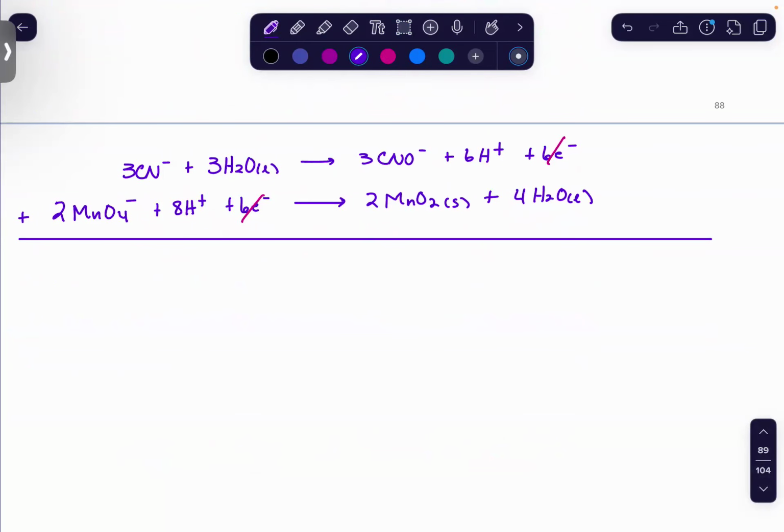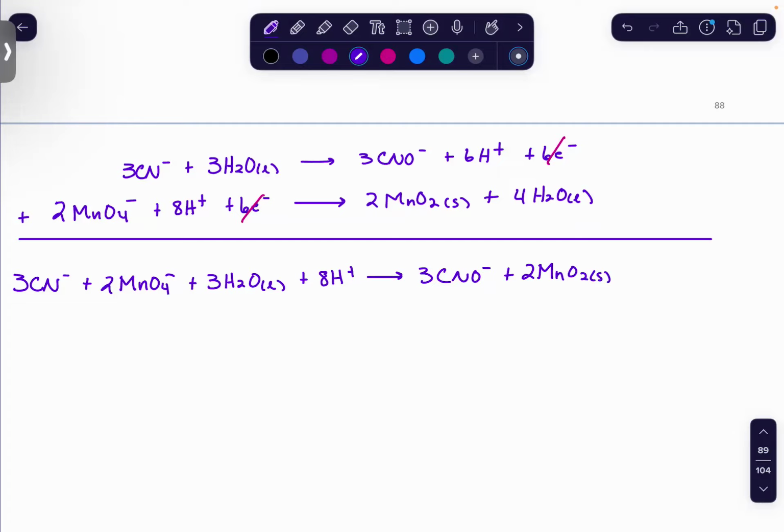All right. So, 3 cyanide, 2 permanganate, 3 waters, 8 protons, 3 CNO, 2 manganese oxide.